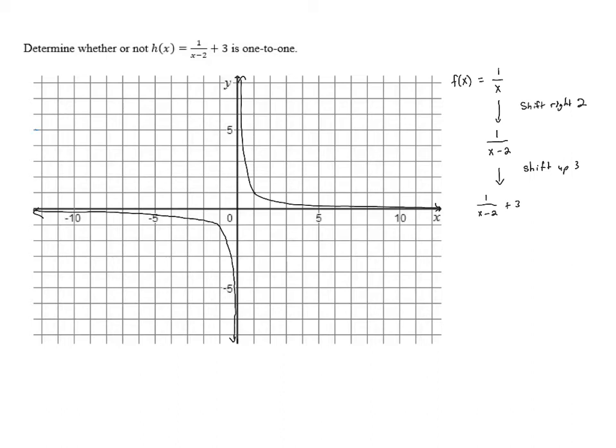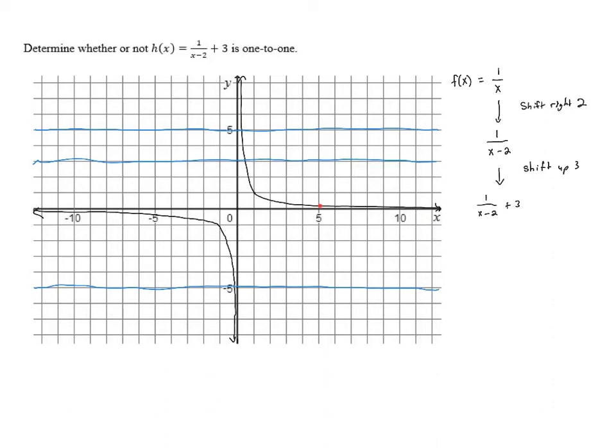However, this function passes the horizontal line test. Any horizontal line intersects this in at most 1 point. And even if it might look like that's not the case here, 1 over x, as x gets bigger, is always getting smaller.